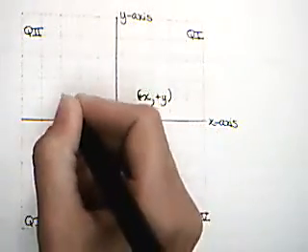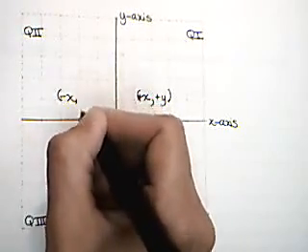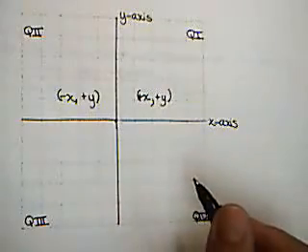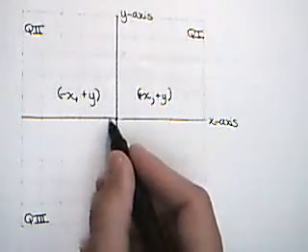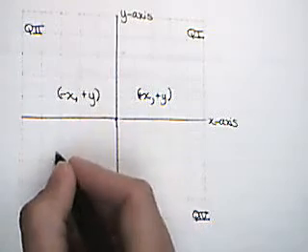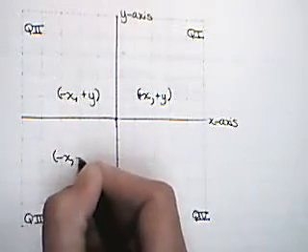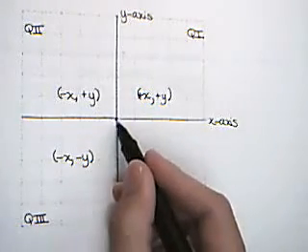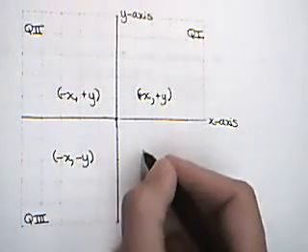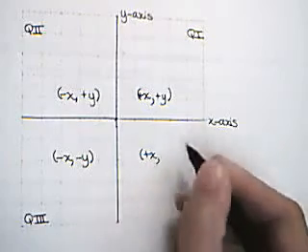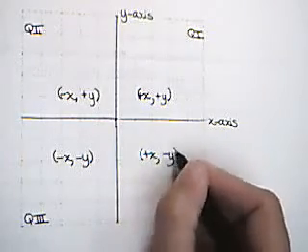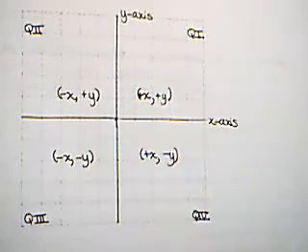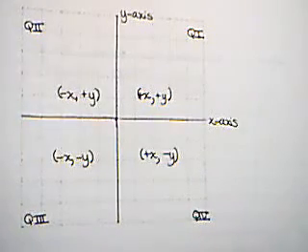If we move left, that means we're going to have a negative x, and we move up, that is going to be a positive y, and that would place us in quadrant 2. From the origin, if we move left, again that would be negative x, and if we move down, it would be negative y, placing us in quadrant 3. Back to the origin, if we move right, it would be a positive x value, and if we move down, that would be a negative y value, which represents all the points that can be placed on the rectangular coordinate system.